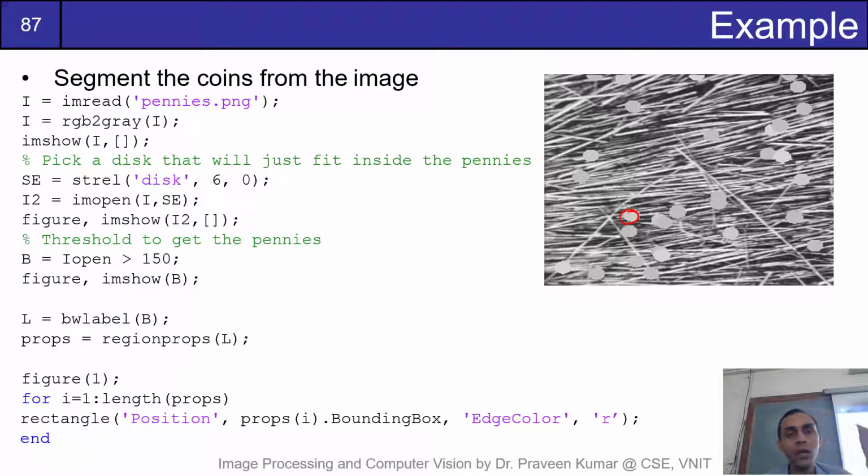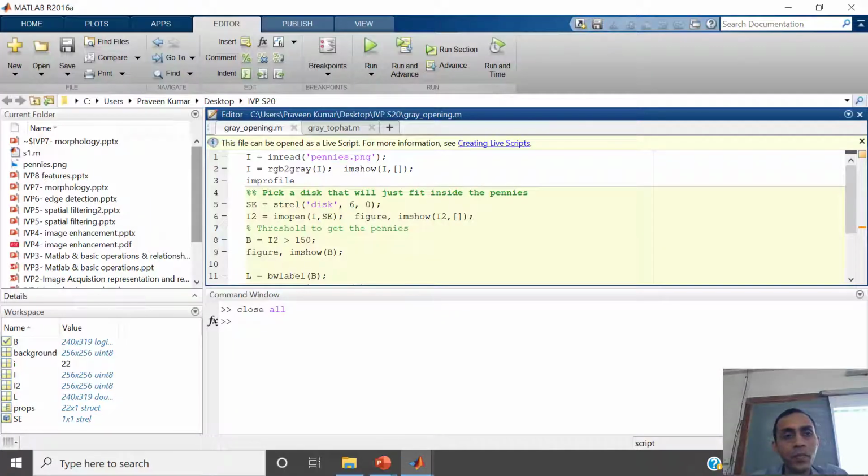So let me run this program. I'll explain it step by step in MATLAB. So first I'll read this image. Actually, although it's a grayscale image, when I looked into it, it was actually a colored image.